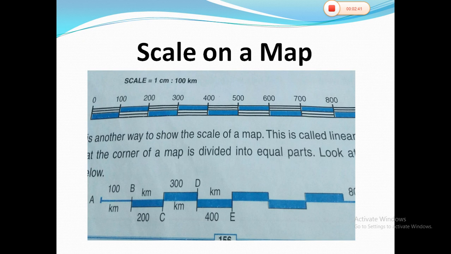So, the distance from A to B on the map is equal to 100 kilometers on the ground. The distance from A to C is 200 kilometers and the distance from A to D is 300 kilometers and so on. Thus, with the help of the scale, we can measure the actual ground distance between two places.